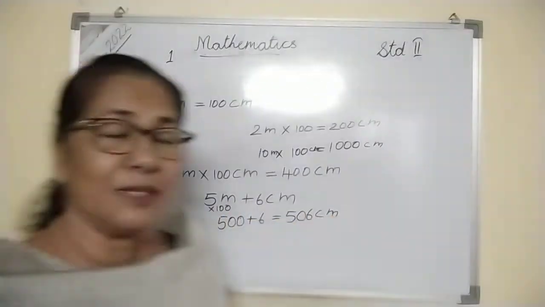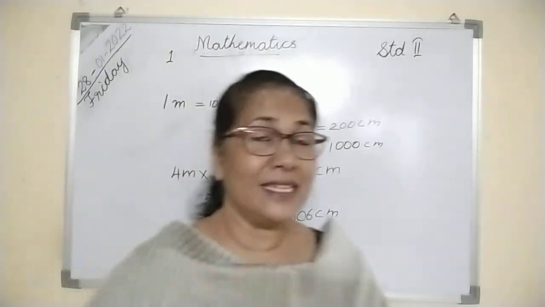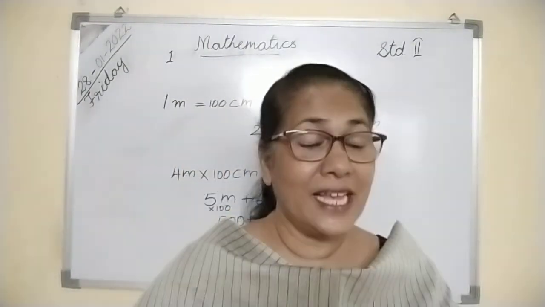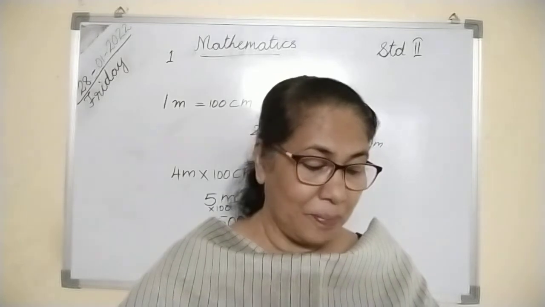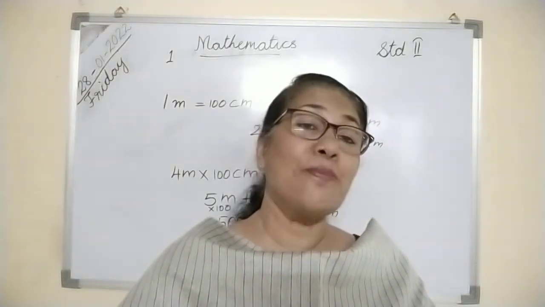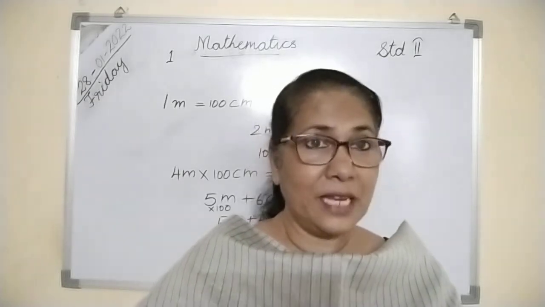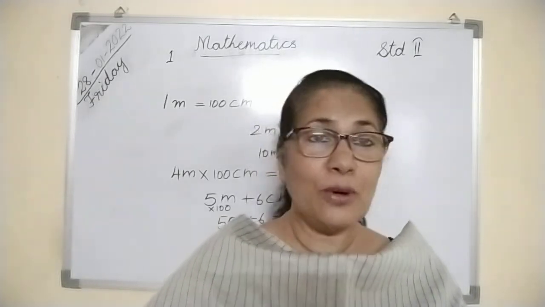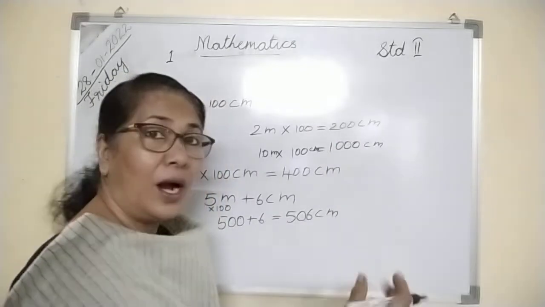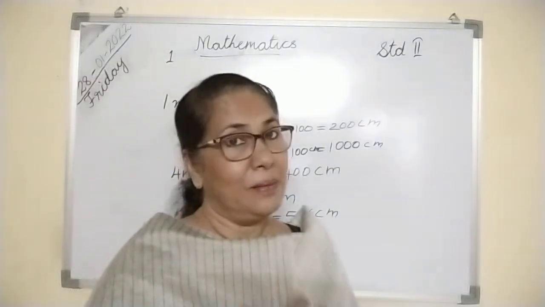So 5 meters plus 6 centimeters makes 506 centimeters. Now let that be there, I will just show you a few more examples, then we will go to how you convert into meters.